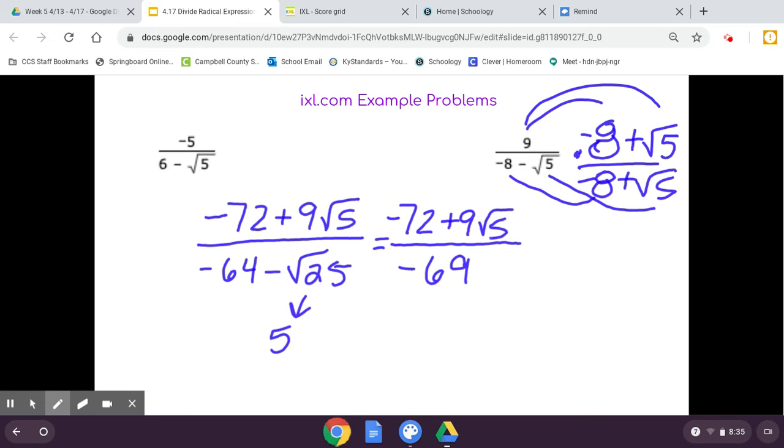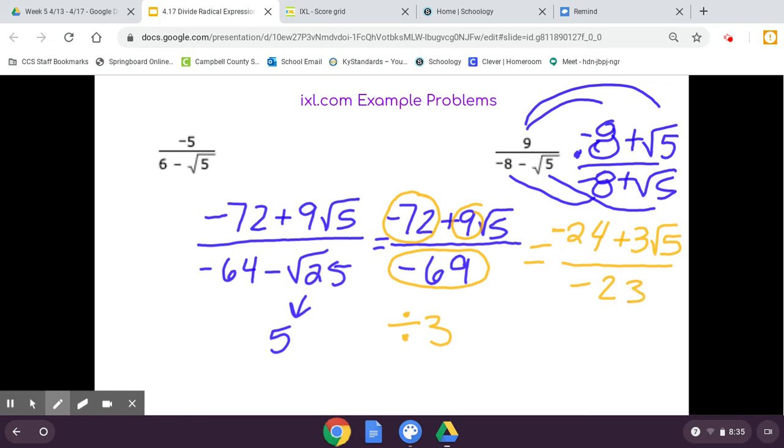Okay, all of these numbers here, 72, 9, and 69, can all be divided by 3. So you don't have to include the radical in that one. So this ends up being negative 24 plus 3 square root of 5 over negative 23. And that would be your answer to that problem.